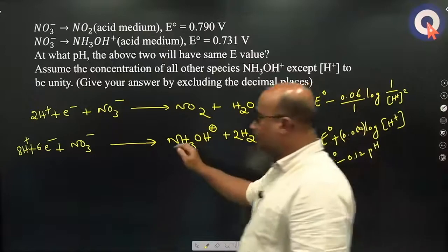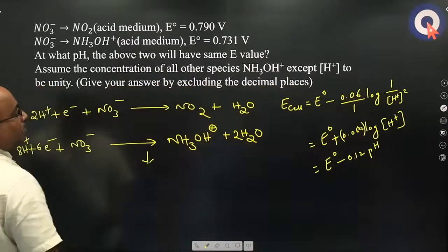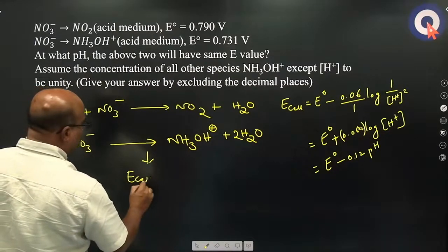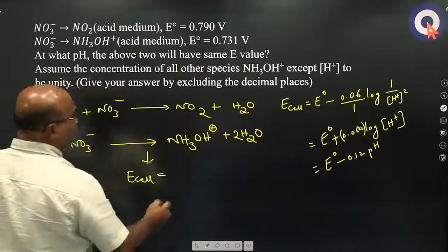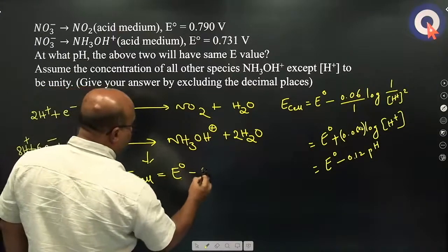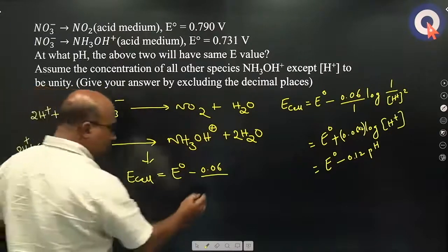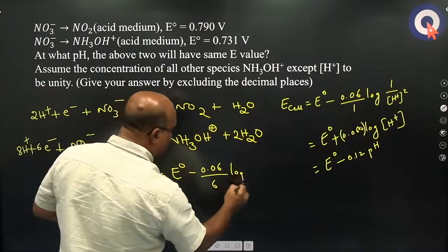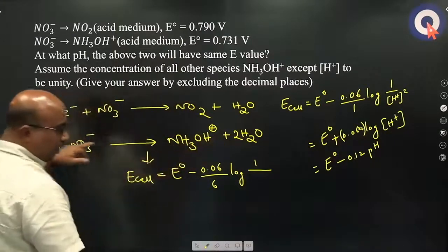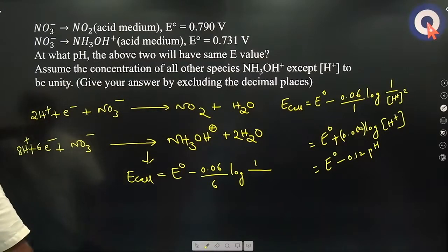So for this, what is in this case? E cell in this case should be equal to E naught of the cell, let us say, minus 0.06 by number of electrons, here will be 6, log of 1 by, in this case also again the concentrations are taken. He says all are remaining unity except H plus.